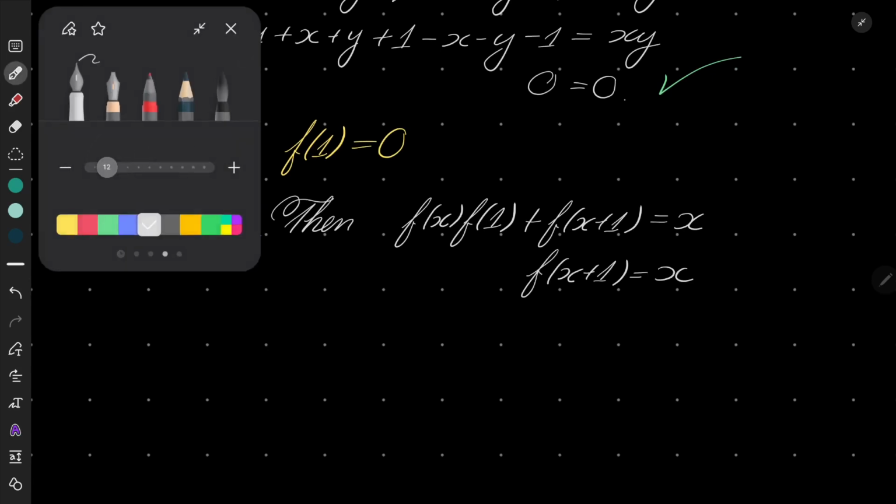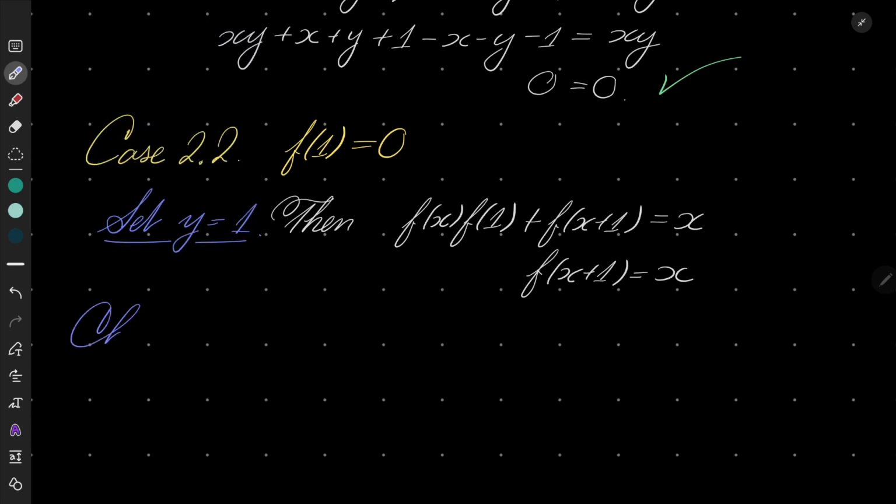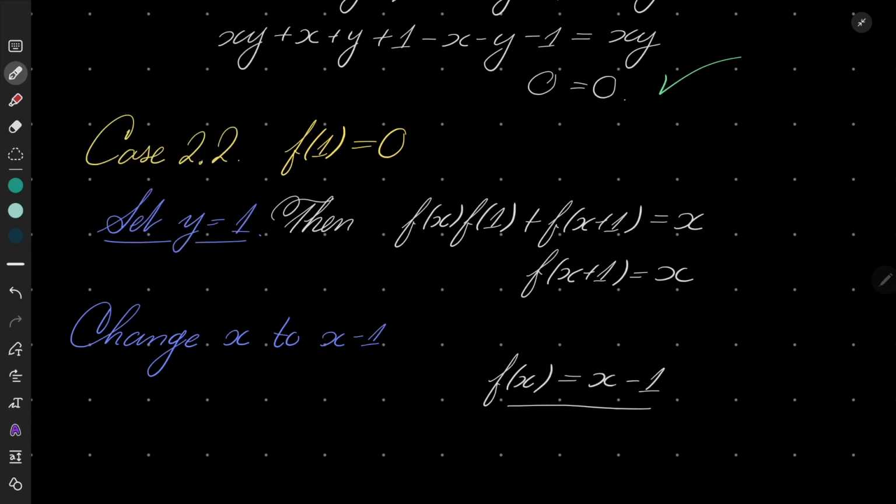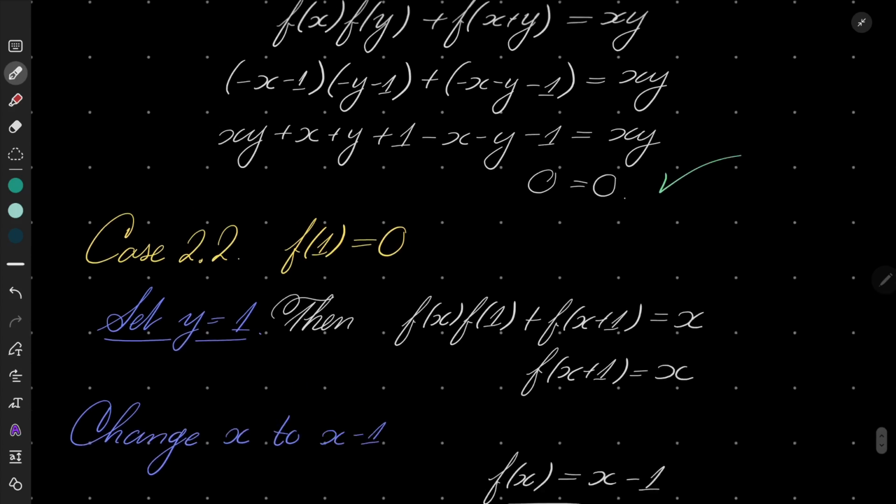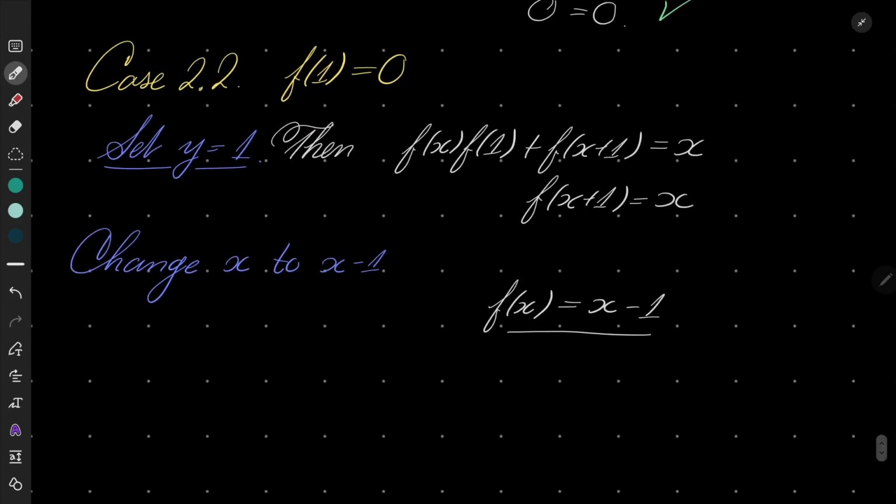Now let's change x to x minus 1, and we get f(x) equals x minus 1 for every real x.